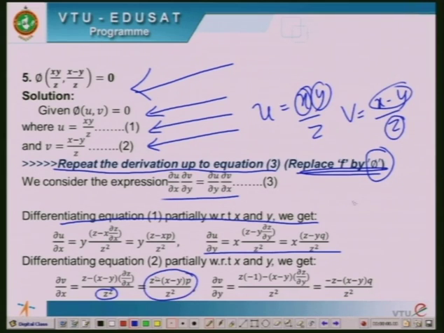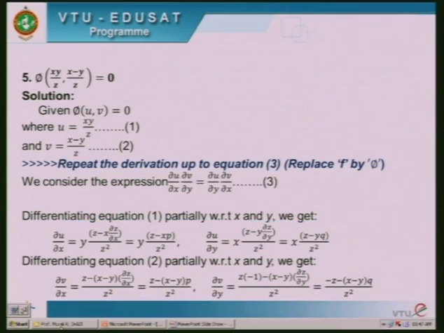Similarly, if you apply quotient rule for x minus y by z and differentiate with respect to y, you get dou v by dou y as denominator square z square, then z into differentiation of x minus y is minus 1 with respect to y, minus x minus y into derivative of z is dou z by dou y. Using notations, you get this.